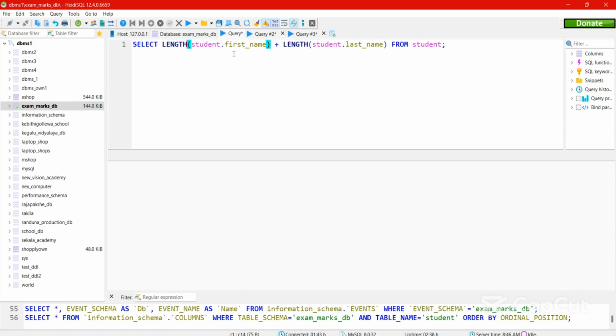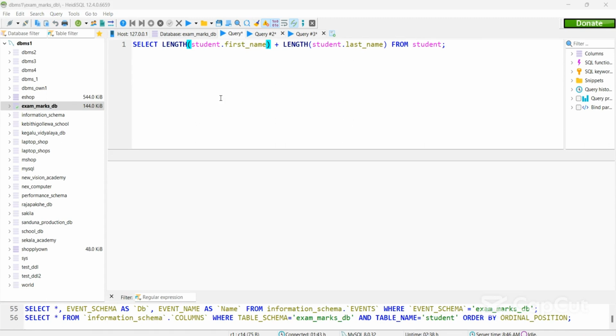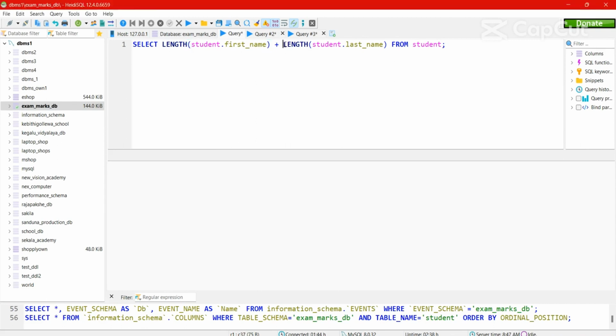In the previous video we studied a keyword called round. When we use that keyword, we can give two parameters. But when we use this keyword called length, we can only give one parameter. That's why I have given the same keyword twice, here and here, to get the first name and the last name of the student.